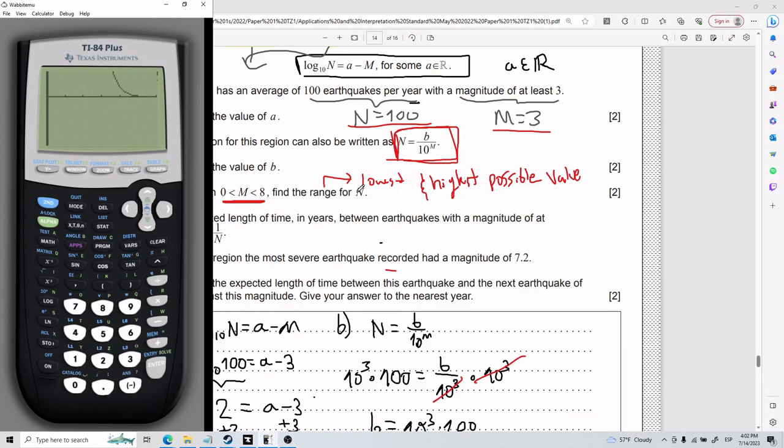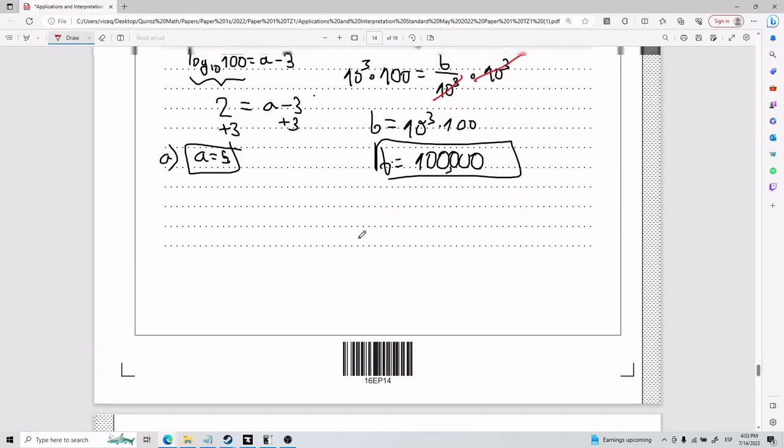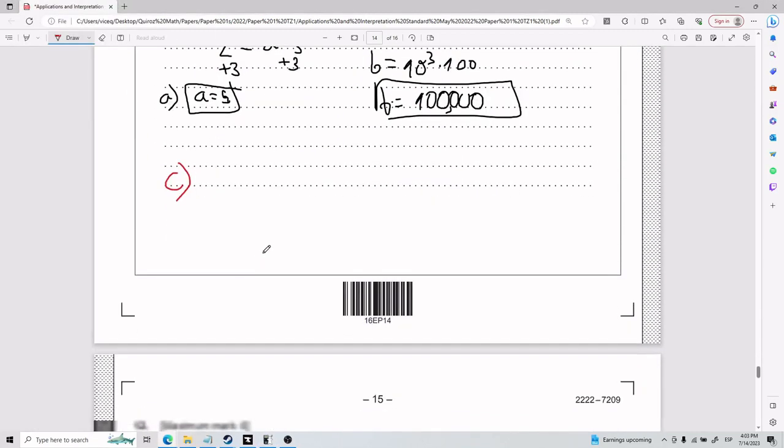Obviously the first time you graph it's probably not going to look that pretty. I'm going to try zoom standard or zoom fit. Zoom fit. Okay, it looks a little better. In fact, that might be good enough. And so this thing looks like this.